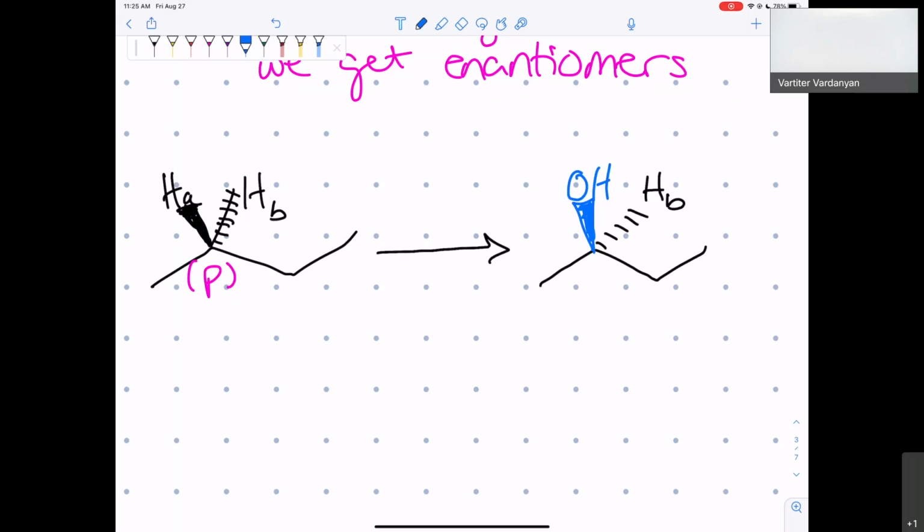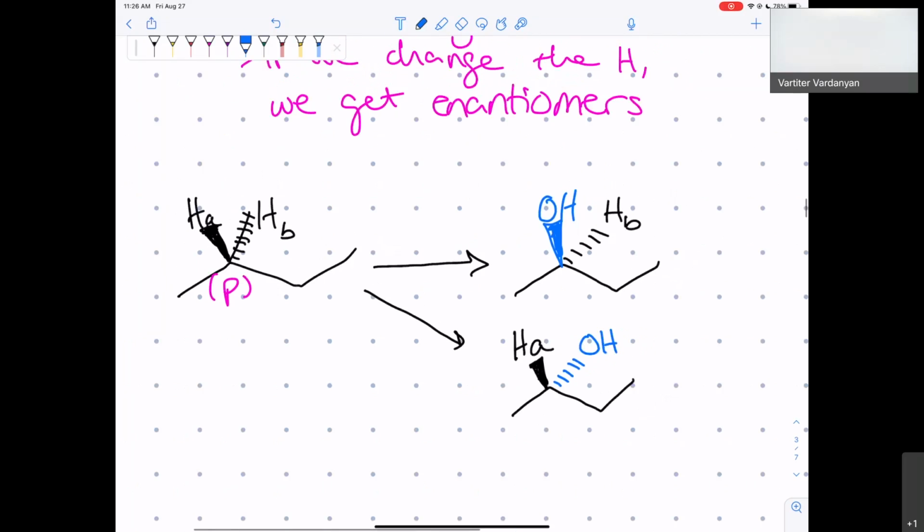Is this going to be any different than if I replaced HB with OH? Ooh. Okay, let's draw it out. Something people always tell me is, I thought I knew the answer, and then you made that face. And I'm like, well, exactly. So what is their relationship? Enantiomers, yay!